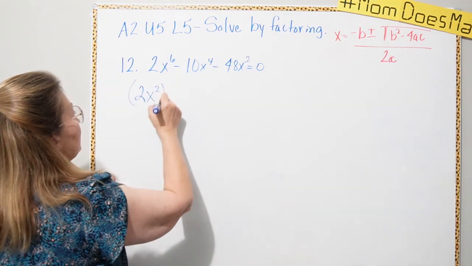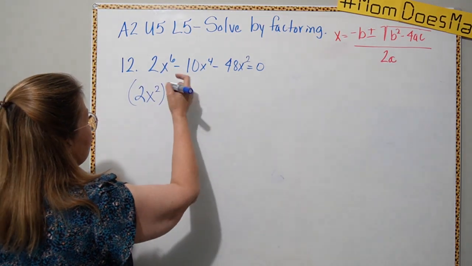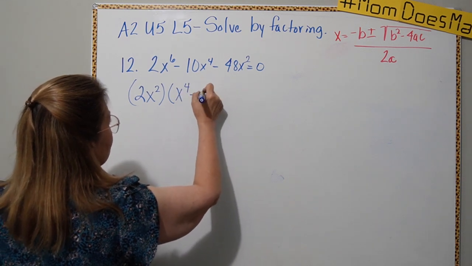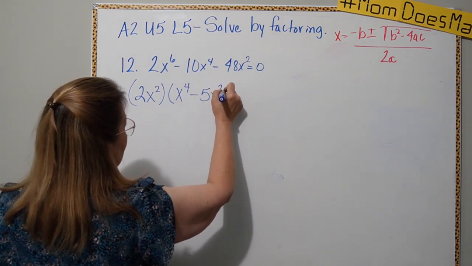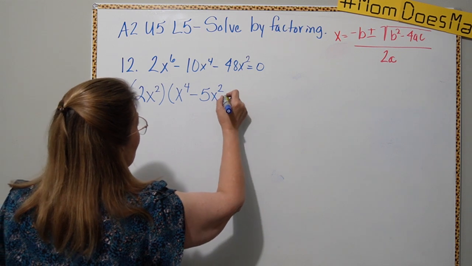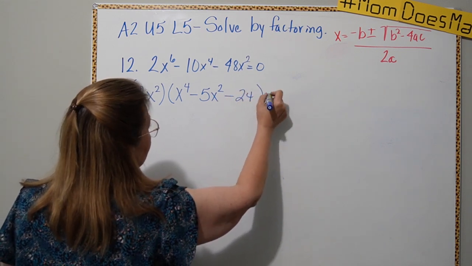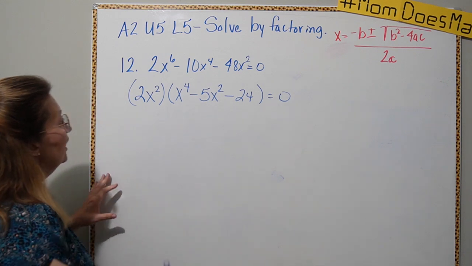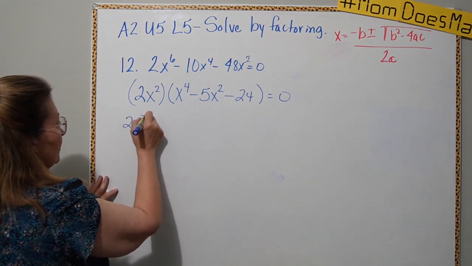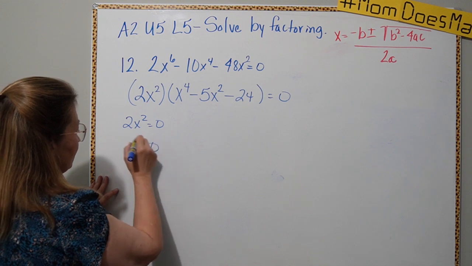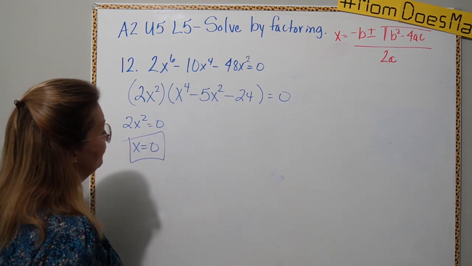So when I divide all that out, this is going to leave me x to the 4th minus 5x squared minus 24. So 2x squared, if I want to go ahead and knock that out, if that's equal to 0, then x is 0, and that's my first one.